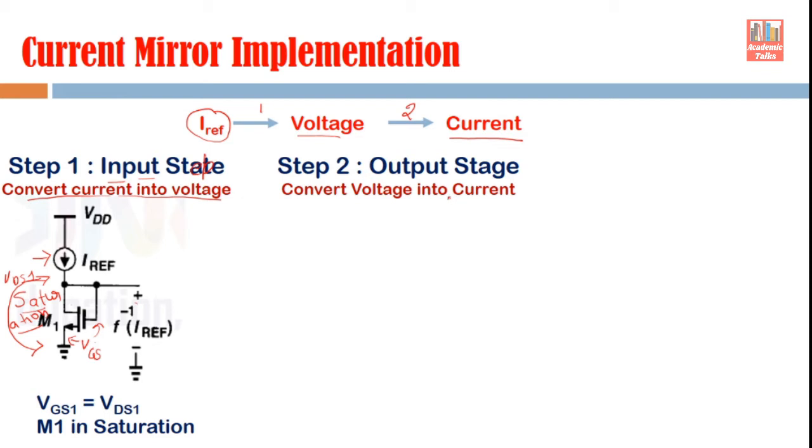You know, a MOSFET is the device. The voltage which is applied to the gate of the MOSFET will reflect in the form of current at the drain terminal, right? So if you apply this gate voltage to the gate of the second device, then you can produce a current corresponding to this input gate voltage.